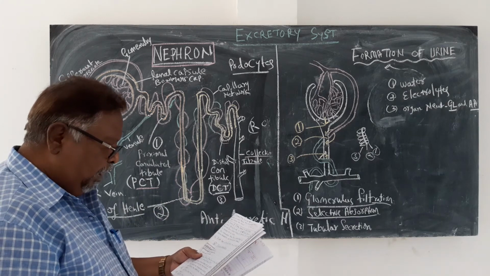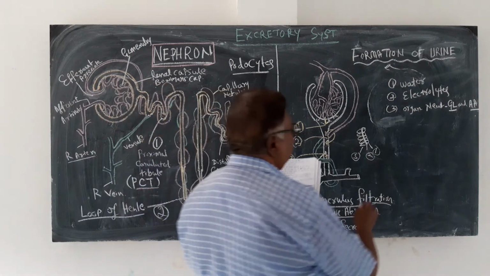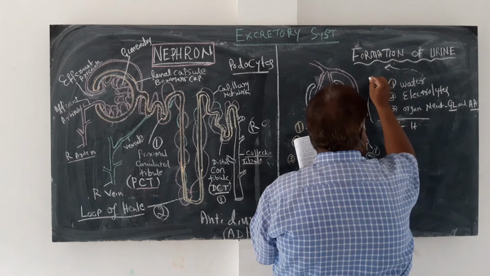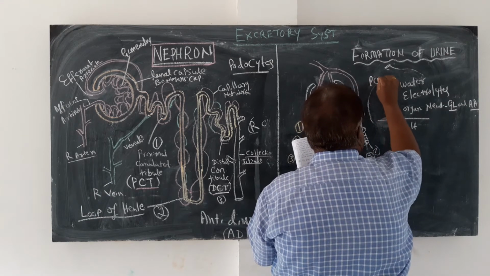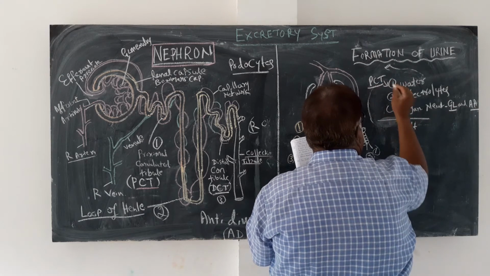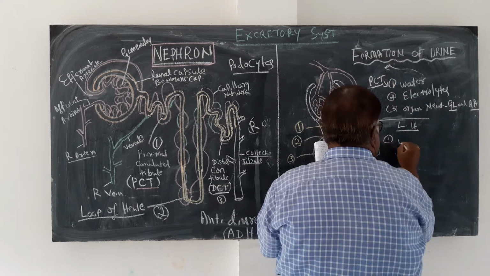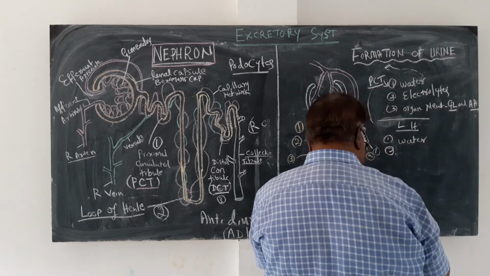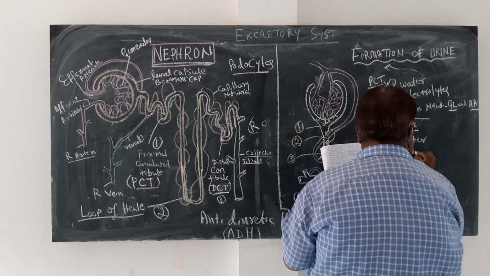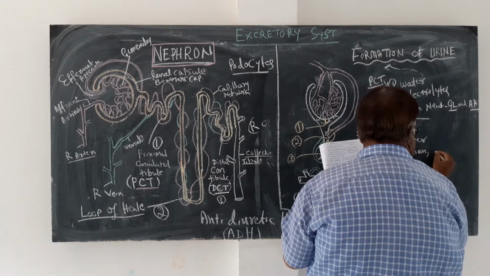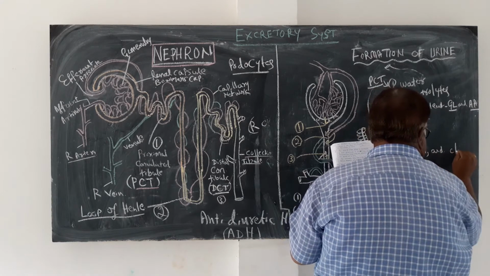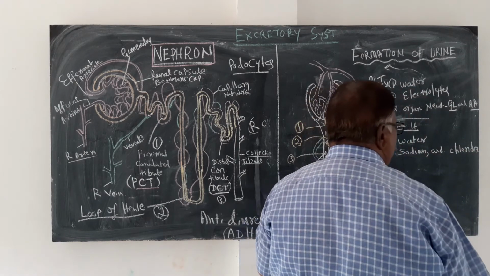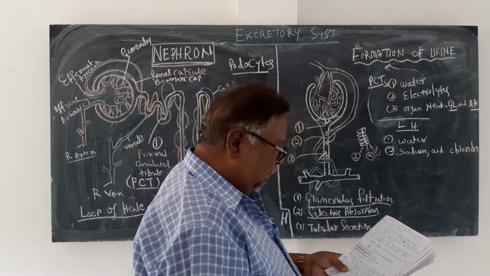In the proximal convoluted tubule, and in the loop of Henle, water again, sodium and chlorides are reabsorbed.